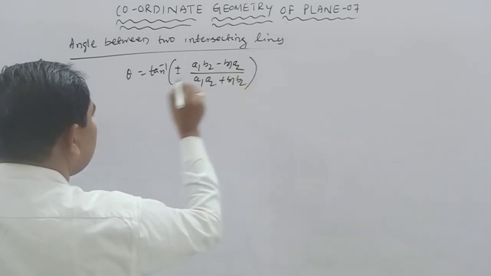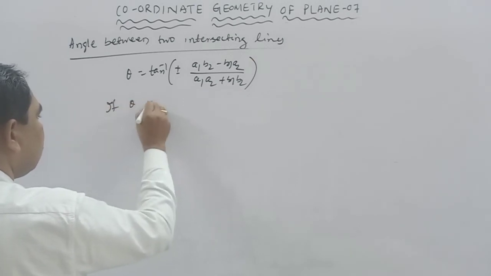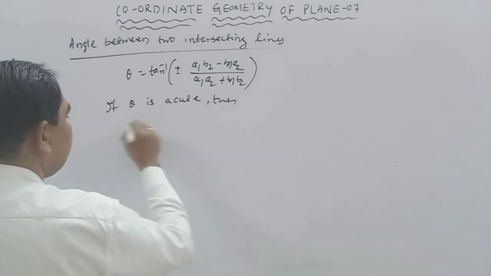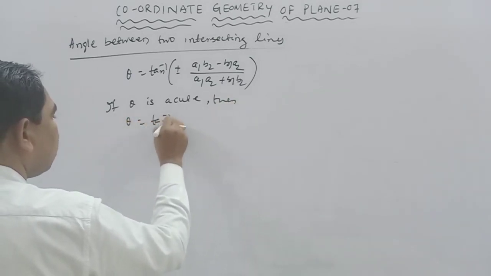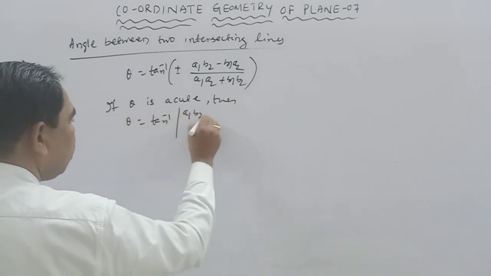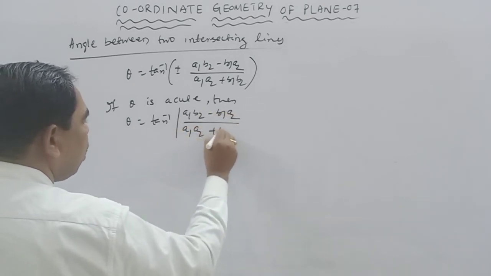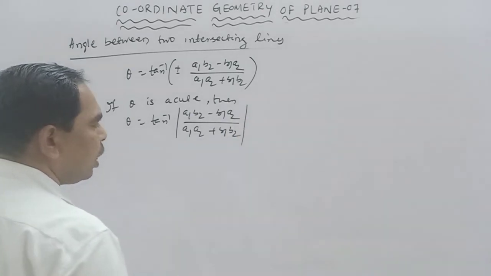This is the angle theta. If theta is acute, then theta is equal to tan inverse mod of a1 b2 minus b1 a2 divided by a1 a2 plus b1 b2. Okay, next condition.